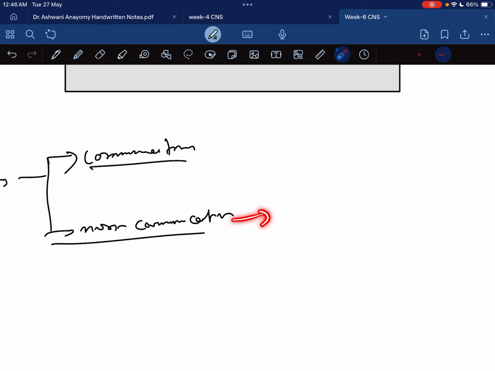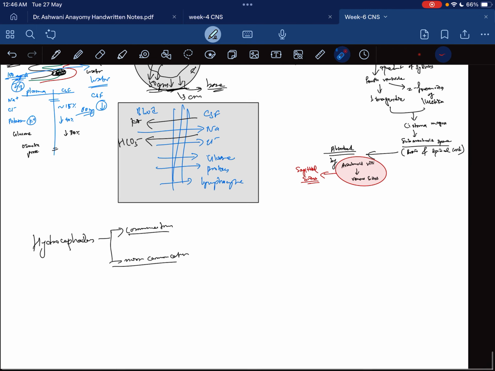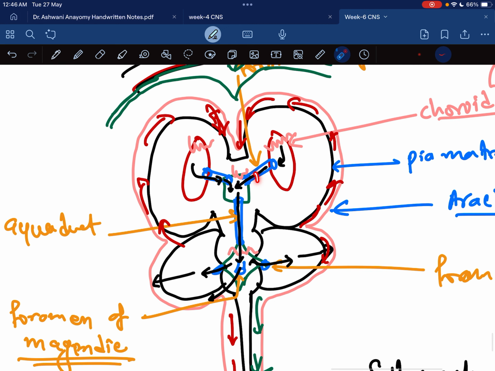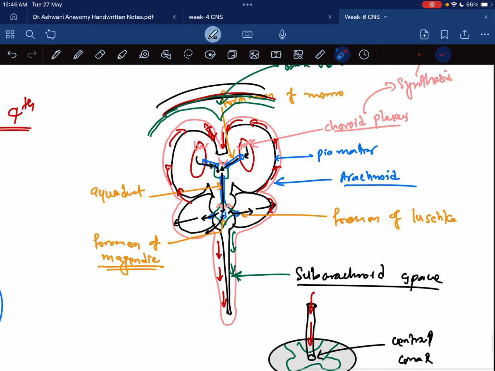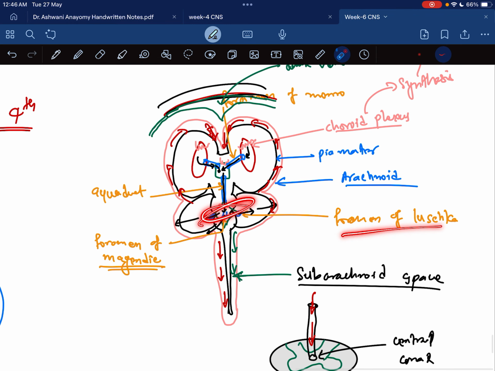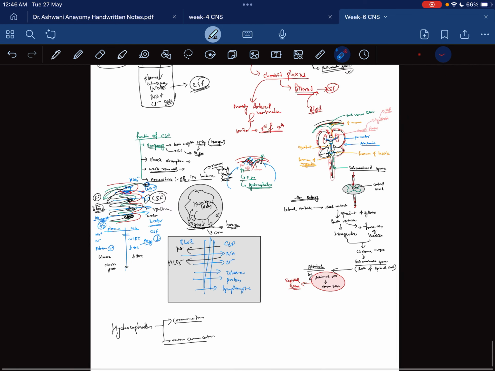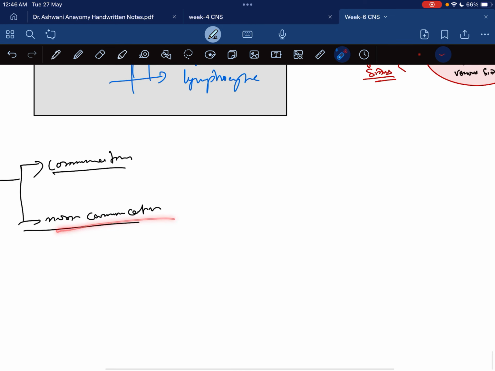And in non-communicating hydrocephalus, there is obstruction within the ventricular system: a congenital aqueduct abnormality, or an obstruction by a cyst or tumor in the foramen of Monro, or an effect in the foramen of Luschka, or anything that stops the cerebrospinal fluid from flowing. That is known as non-communicating.